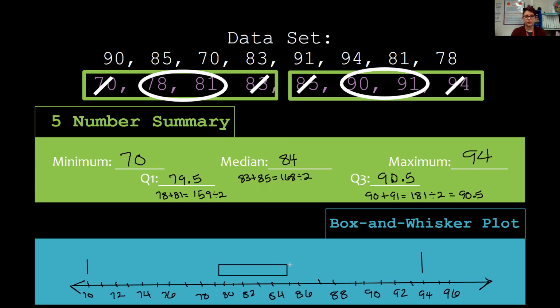And I'm going to draw my box up to 90.5. So here's 90 and halfway to 91 is my 0.5. I'm going to put in my median, which is 84. And then I connect my whiskers to the box with lines. And this is how you draw a box and whisker plot using your 5-number summary.